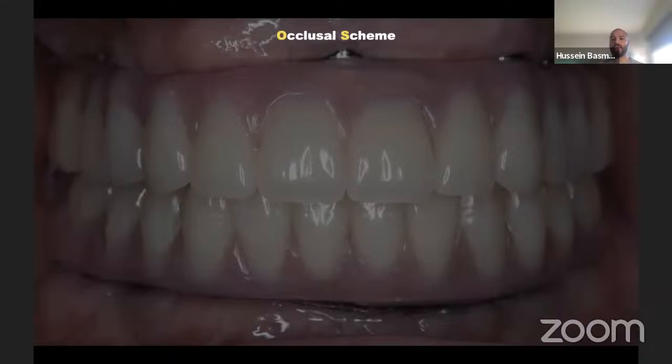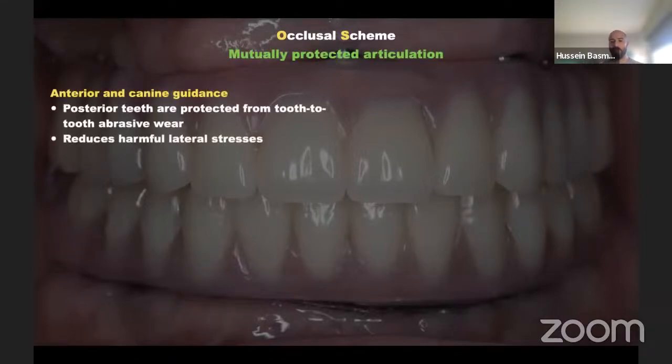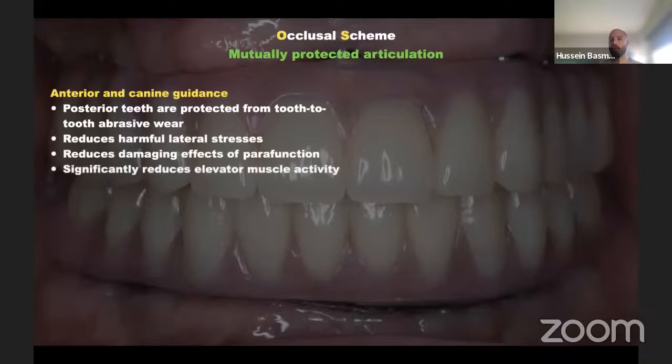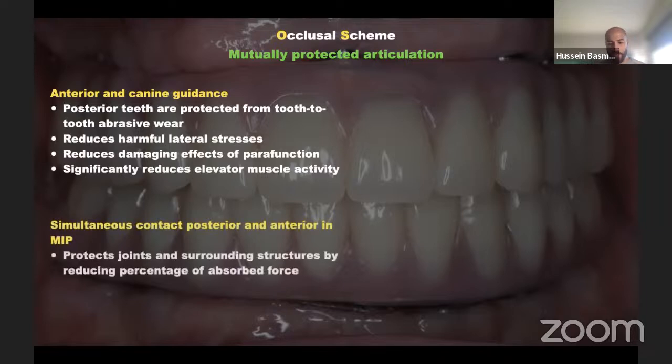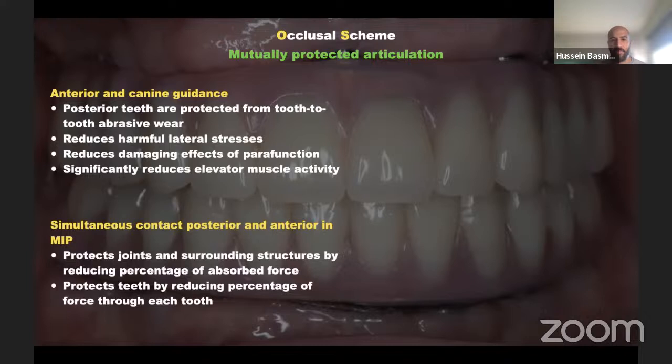So then after that, we deliver the final prosthesis. And now, after we deliver the final prosthesis, we have to make sure that we are adjusting the bite, and we have two options actually. Either we go with an anterior or canine guidance, where the posterior teeth are protected from tooth-to-tooth abrasive wear, and this canine guidance will reduce harmful lateral forces and the damaging effects of parafunction.